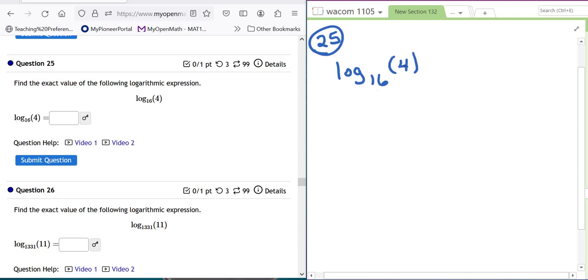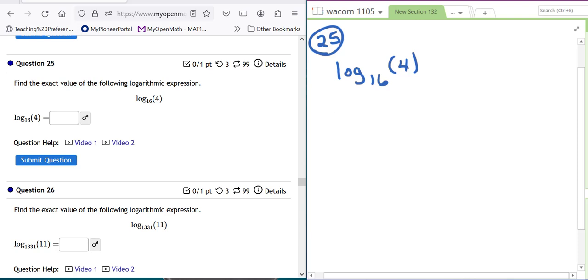Because this is smaller than this, and you want to rewrite them in terms of the same base. So if you could rewrite this somehow as 16 to some power, well, the square root of 16 is 4.